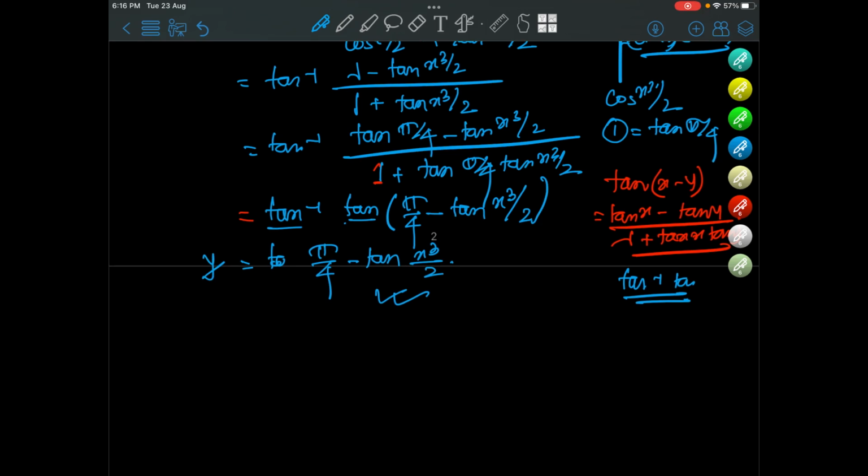Suppose y equals to, dy/dx at pi by 4 is 0, because pi by 4 is constant, so the derivative of this will be 0.